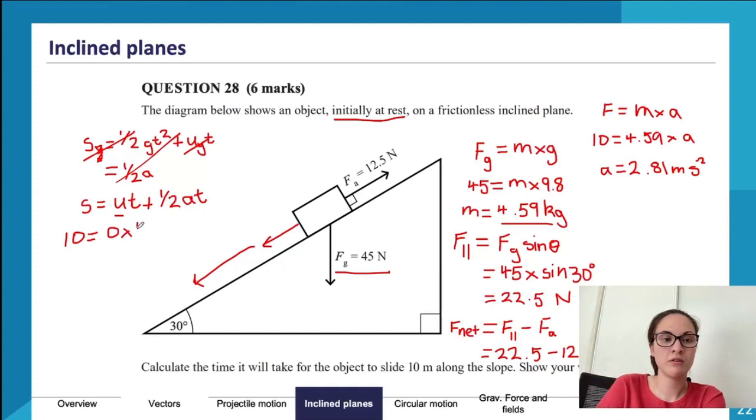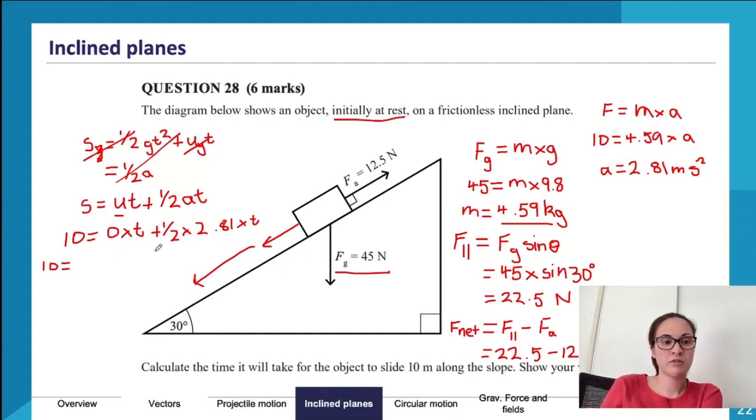Yes, so it's going to be U times T, so it's going to be 0 times T plus half times the acceleration we calculated, which is 2.81, multiplied by our time. Yep, so we're going to end up with 10 is equal to half times 2.81 times time.